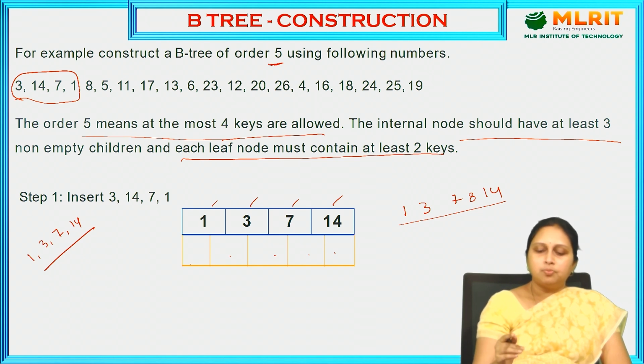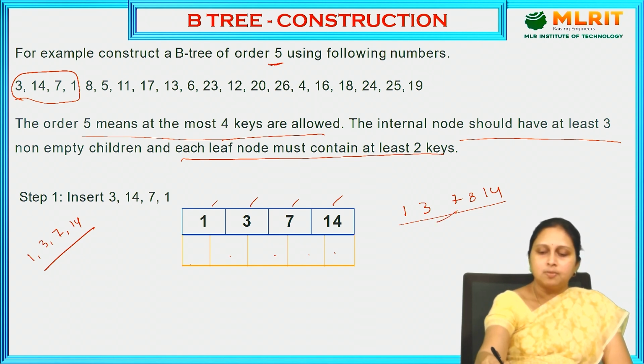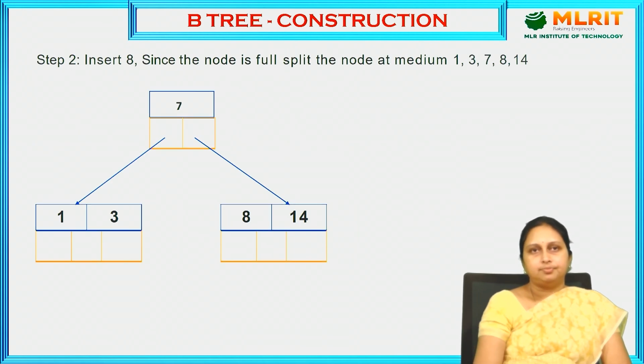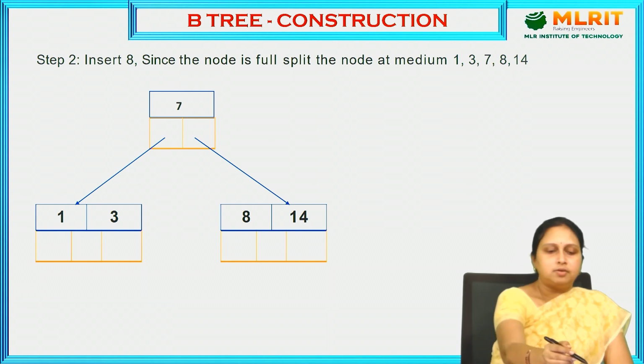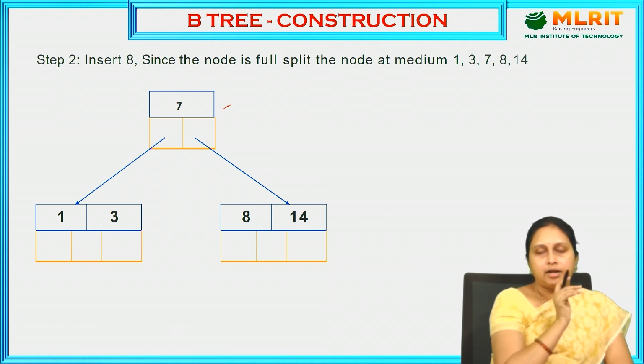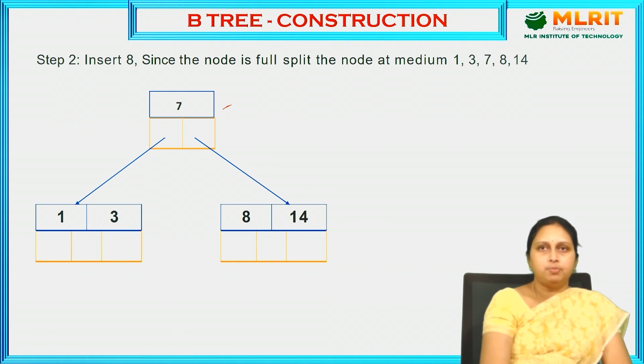So I need to divide this into 2 halves, and move the middle element to the next level, the parent level, the upper level. Now I am going to get 7 as the parent node, and 1, 3 and 8, 14 become the child nodes. 7 becomes the parent node, 1, 3 is the left of 7 and 8 and 14 is the right of 7. And again it has to follow the same property of our BST.